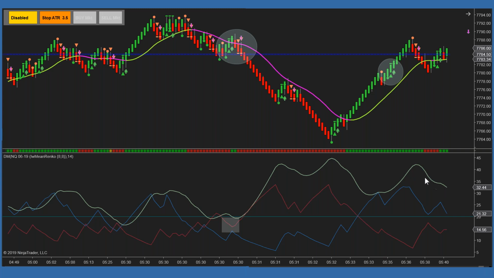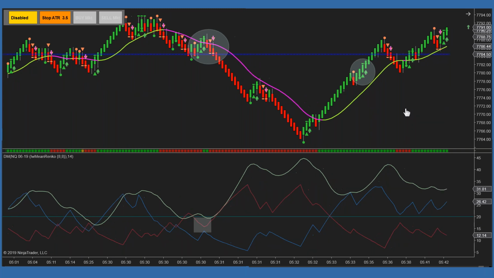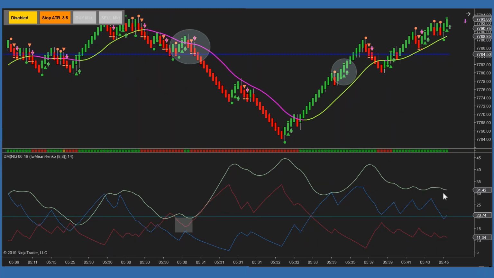Note the ADX is starting to decline a little bit now, so that's suggesting that the trend is weakening, not that the trend has evaporated entirely, rather that it's just getting a little bit weaker. And here we go. You can see it's still positive.